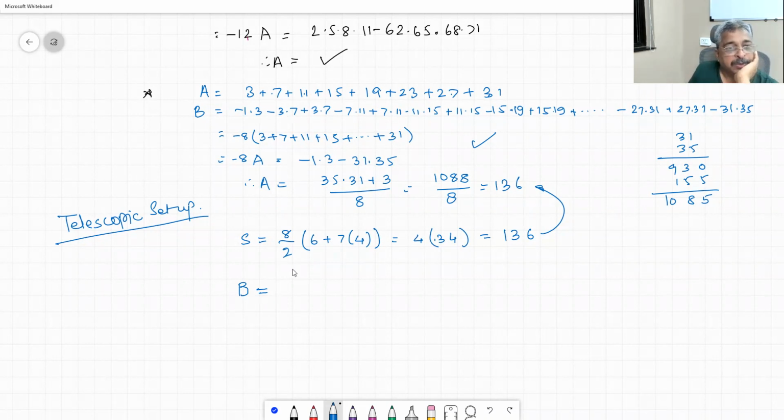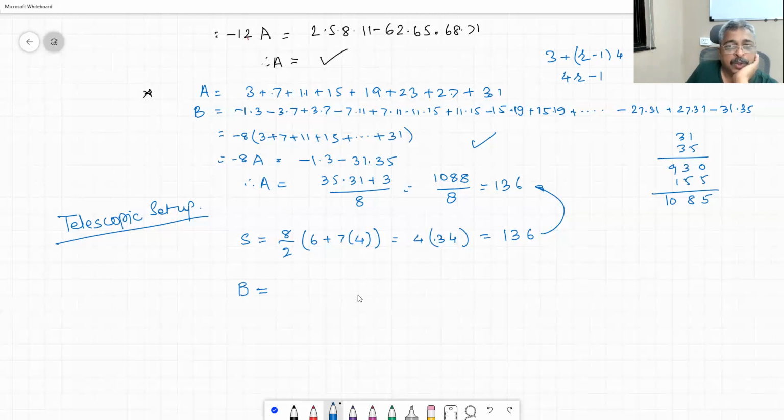Yes, B is equal to... what is the rth term? If I want to find out the rth term in this sequence, B is equal to 3 is the first term, 7 is the second term. Okay, 3 plus r minus 1 times 4. So 4r minus 4 plus 3, minus 1.